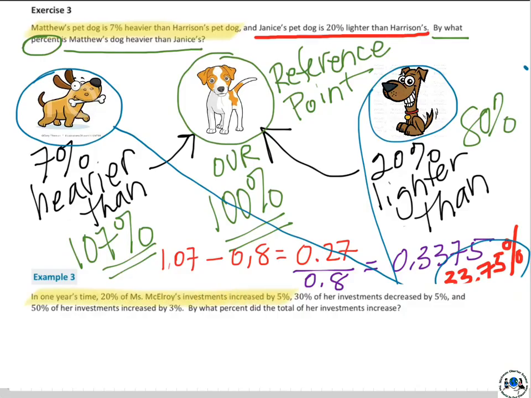So let's go ahead and do example 3. A little bit different. We're talking in terms of investments now, not containers or dogs. Let's see what you can do with it.